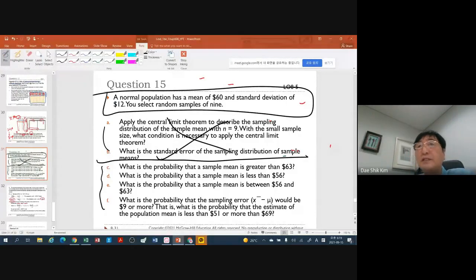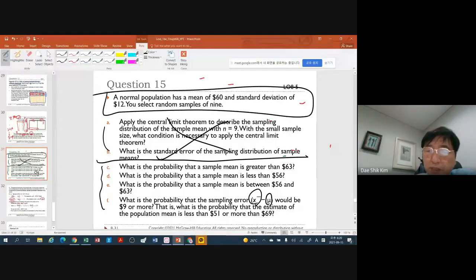The last one is F. What is the probability that the sampling error of X bar would be 9 or more? Probability is 9 or more. That is the probability that the estimate of the population mean is less than 51 or more than 69.